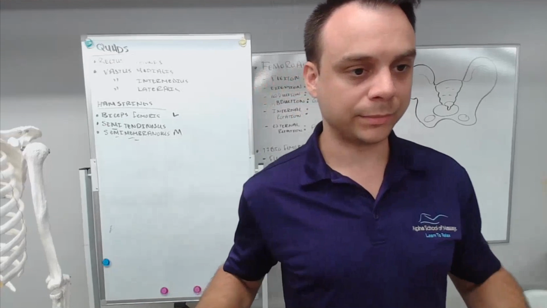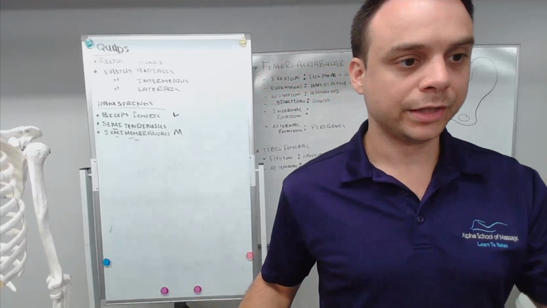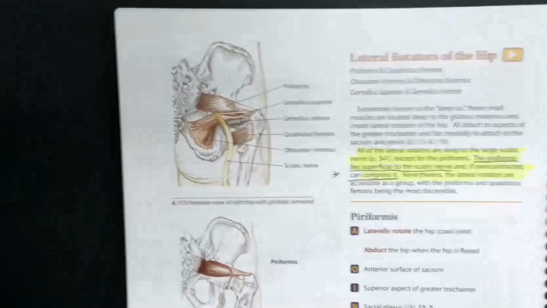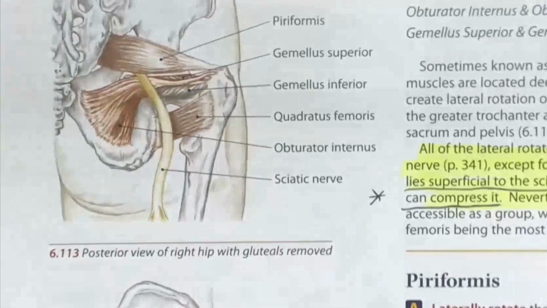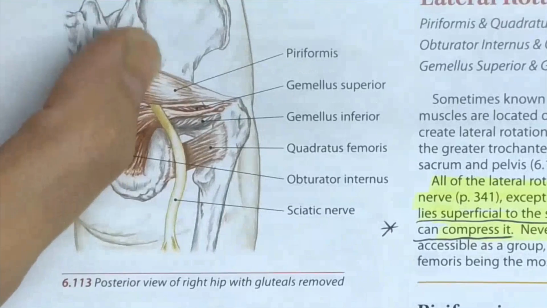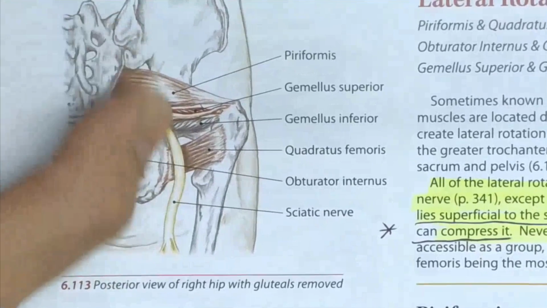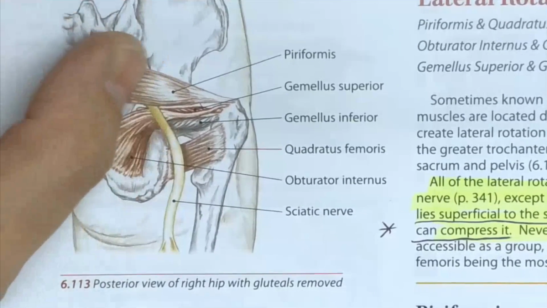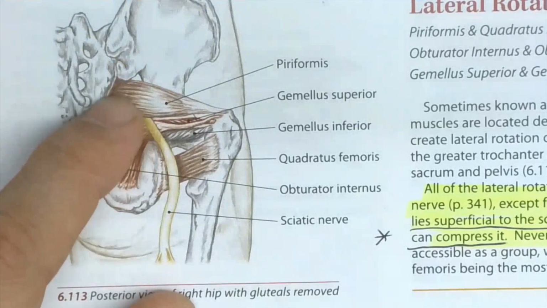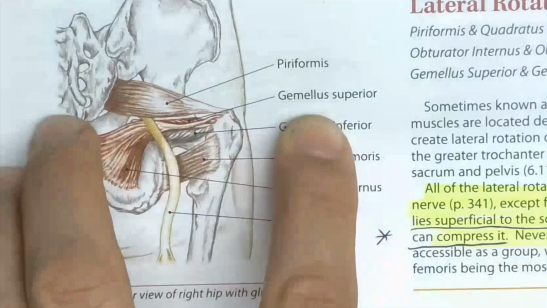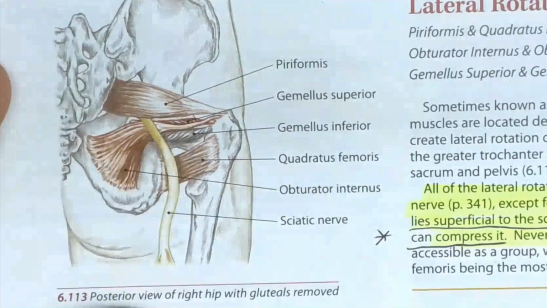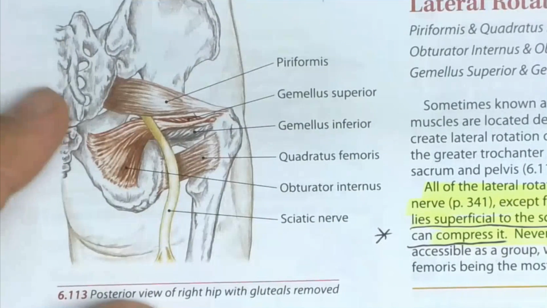Let me actually go ahead and just pop this picture up. That's kind of a nice little picture of the relationship of the piriformis and the deep six with the sciatic nerve. So we can actually see the sciatic notches of the pelvis, which are landmarks we didn't quite take a look at, but it passes right through and right underneath the piriformis and actually the gemellus superior, and so it can actually get pinched in there.